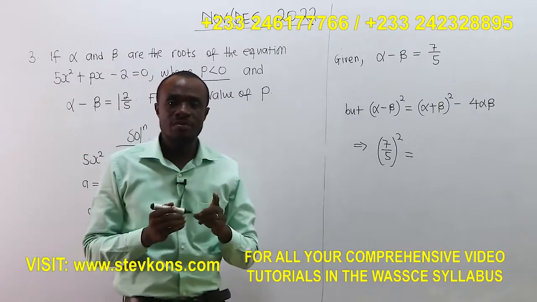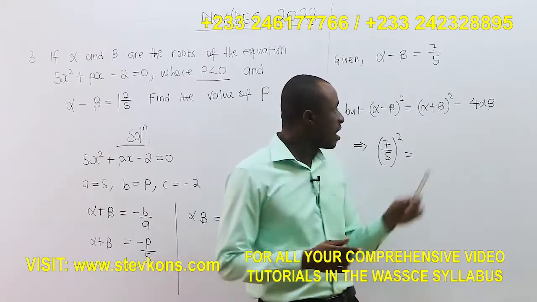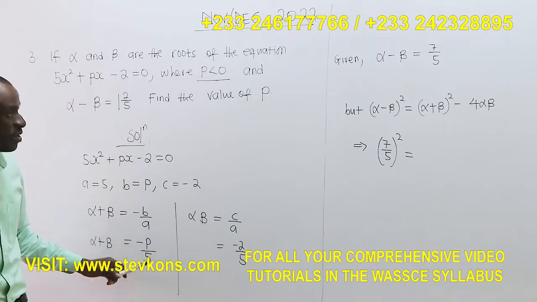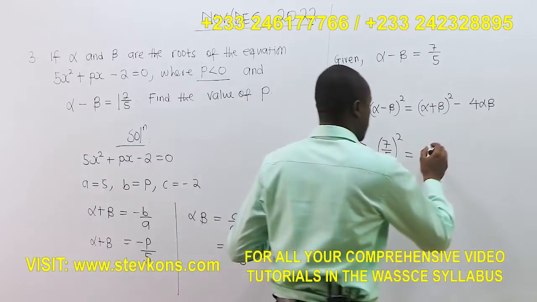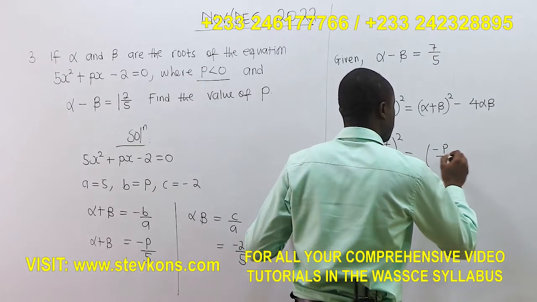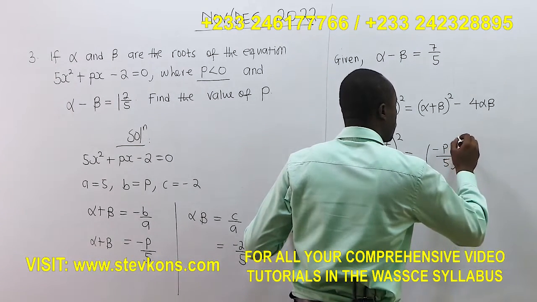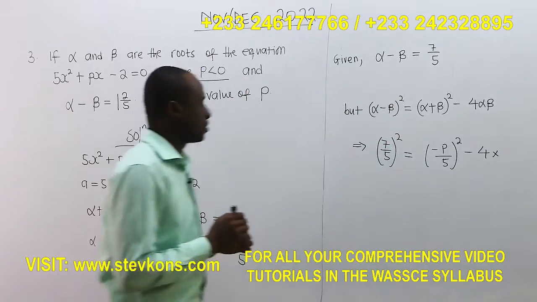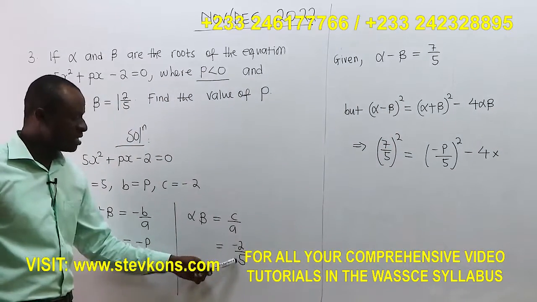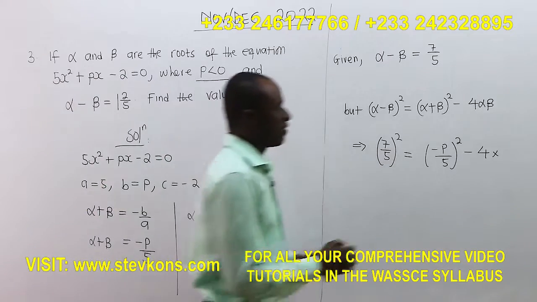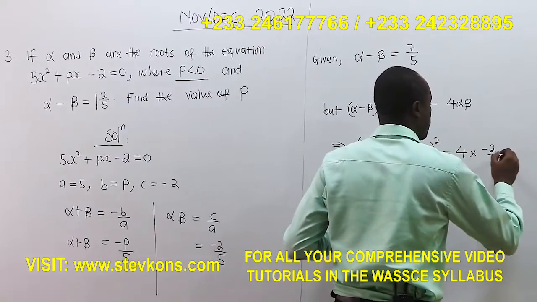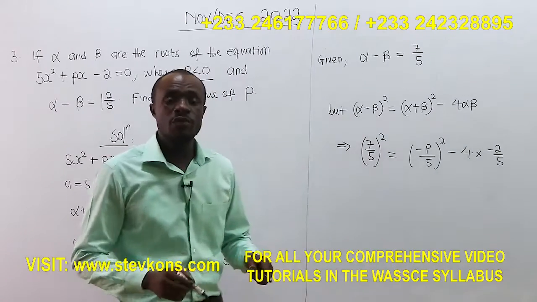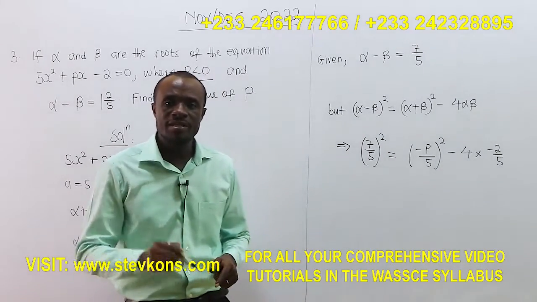What is alpha plus beta? The sum of roots is negative p over 5. So in place of that, we have negative p over 5 to the power 2 minus 4 times the product of roots, which is negative 2 over 5. Now, 7 over 5 to the power 2: if you have a over b to the power n, it is a to the n over b to the n.